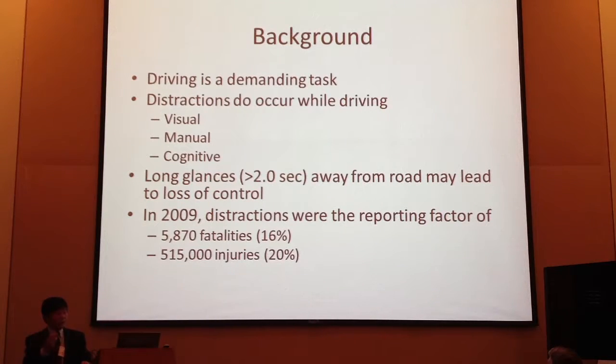There's a balance between these three attentions. If at any time you lose the balance, for example, if you look away from the road for an extended period of time, longer than 2 seconds, the literature says you may lose control of the vehicle and run into an accident. There are all kinds of distractions, but distraction is a huge problem in highway safety.